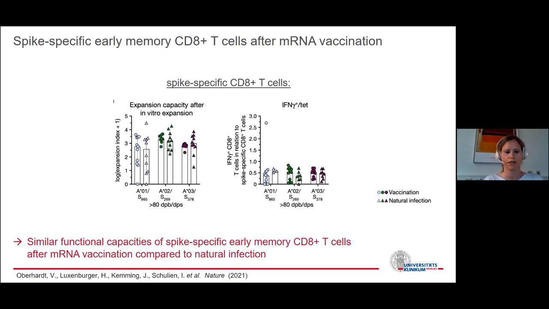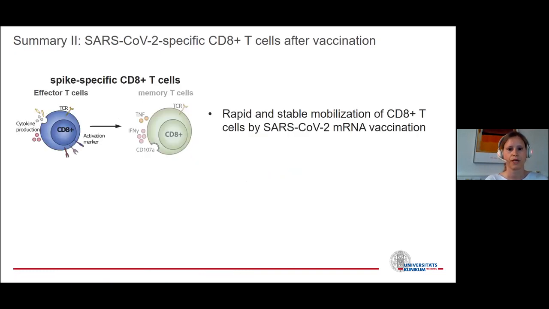So similar functional capacities, while the phenotype of the spike-specific early memory CD8 T cells is different after mRNA vaccination compared to natural infection.